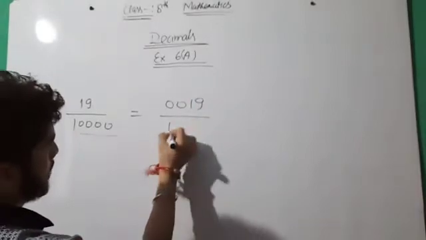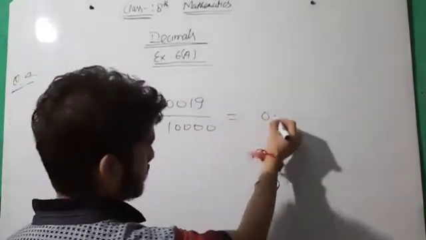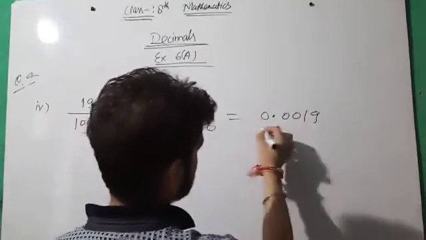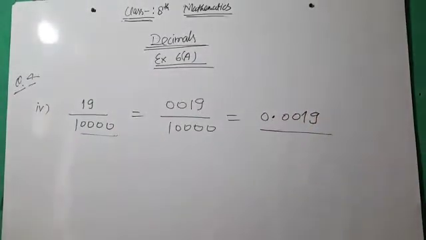Question number 4, fourth part, we have 19 upon 10,000. 19 upon 10,000 means we have to place it like this, 00, then we add the decimal here. 0019, so 0.0019 is the answer.